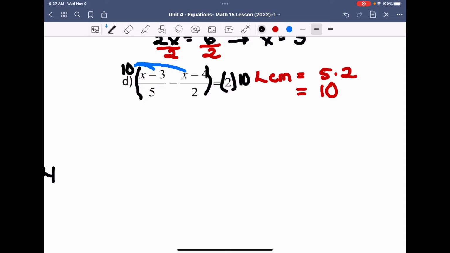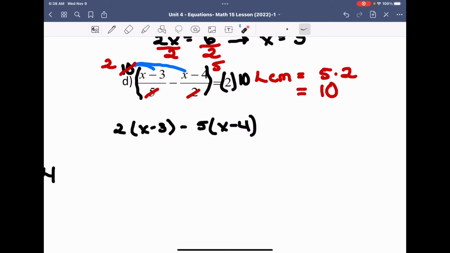So if I multiply 10 to both these terms, well, 10 divided by 5 reduces down to 2. We have 10 divided by 2, which reduces down to 5 in the second fraction. And then 2 times 10 would be 20. So if I go to my next line here, I should have 2 times the x minus 3, which is the binomial, minus 5 times the x minus 4.